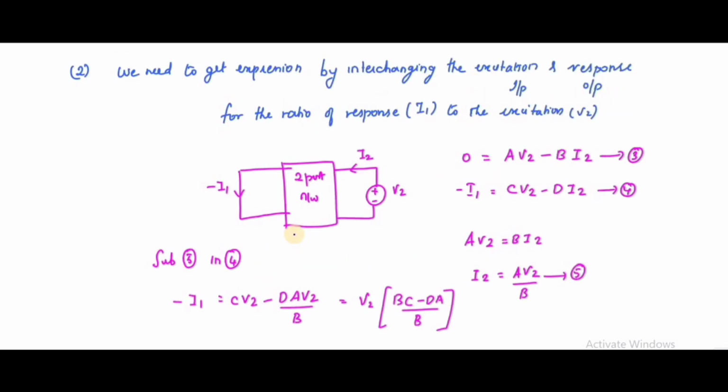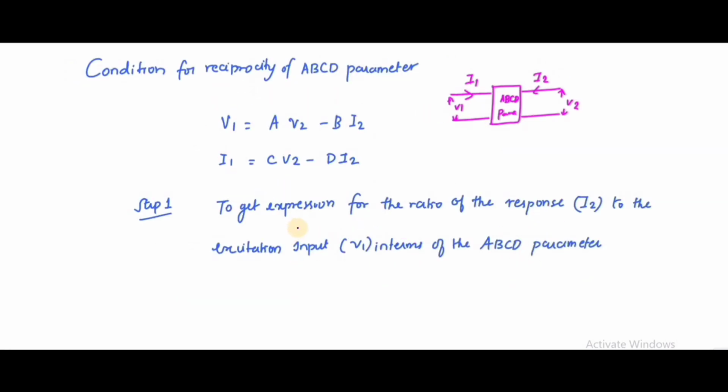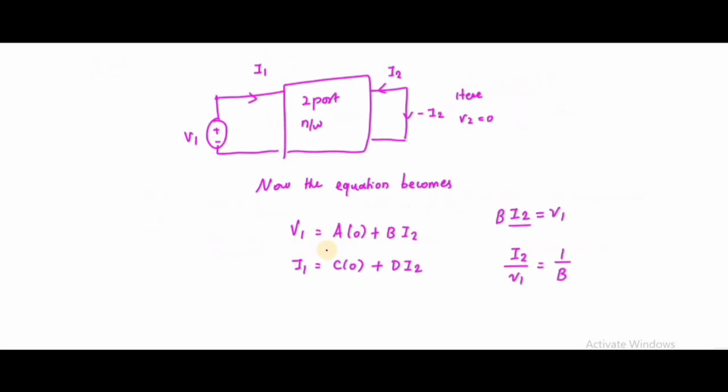Next, we will see how to find the condition for symmetry. For the symmetry condition, here also V1 is equal to V2 and I1 is equal to I2. From the Z parameters we know Z11 is equal to Z22. What is Z11?